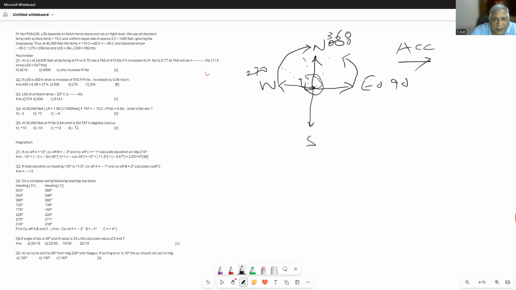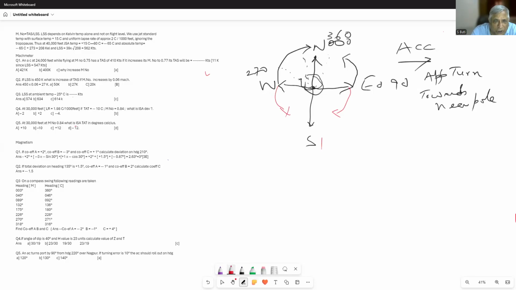Or I can say, during an acceleration, a magnetic compass gives you an apparent turn towards the nearer pole. In the northern hemisphere, it shows you an apparent turn towards 360, and in the southern hemisphere, an apparent turn towards 180, south.